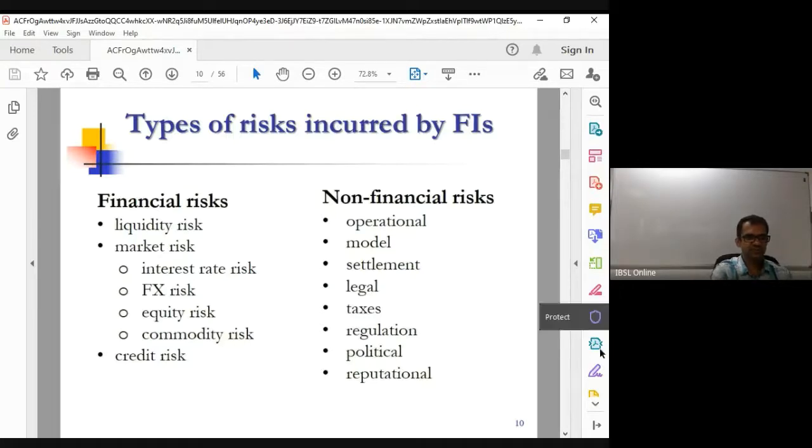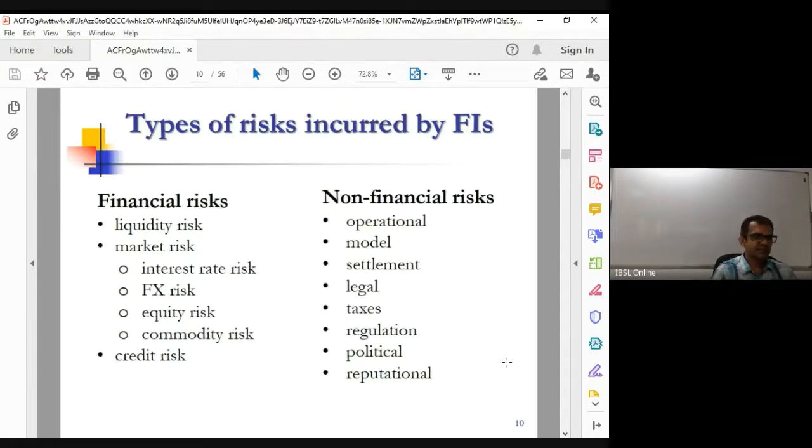It may be a financial loss or it may be a reputational loss that can happen. So nowadays, mostly reputation is considered as a variable which has an impact from all these. Even a financial loss will have a reputational impact. So these are the major types of risks which are known by now.